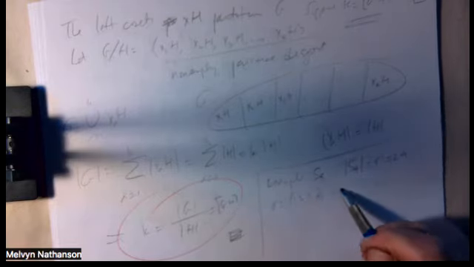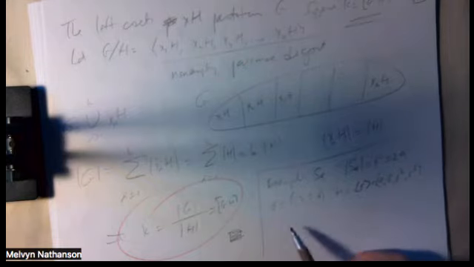If I take sigma to be the cycle (1 2 3 4), and let H be the cyclic subgroup generated by sigma, so that's the identity, sigma, sigma squared, and sigma cubed, the order of H is 4.